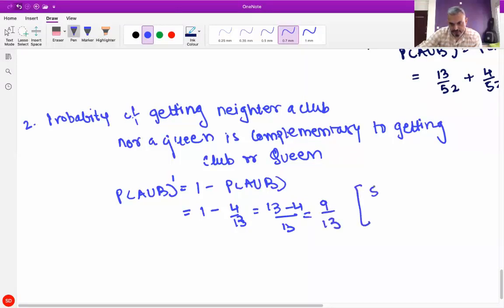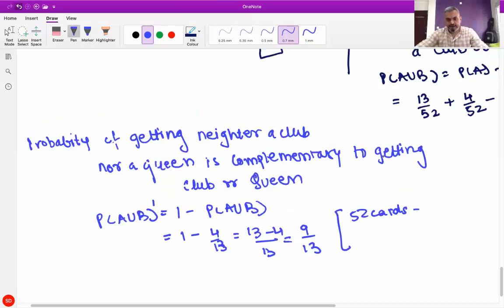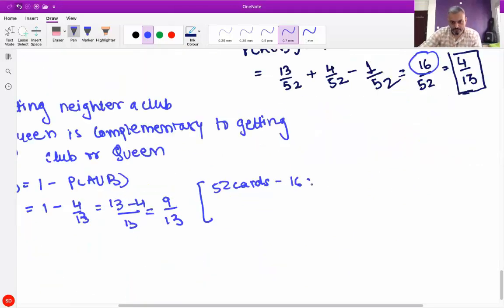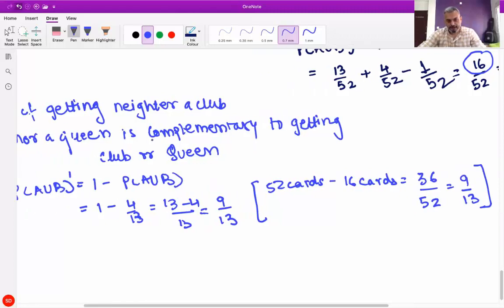Other way we can do is 52 cards है, उसमें से we remove these 16 cards, which is equal to 36 cards out of 52 cards, which is equal to again 9 by 13. That is why we use complementary.